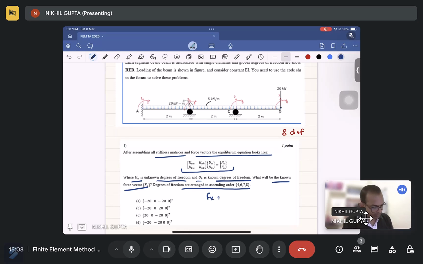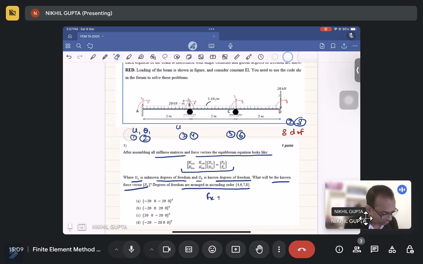If you see each of the degrees of freedom, this will be 1, which is u1, theta 1, then 2, 3, 4, 5, 6, 7 and 8. So in the first degree of freedom, we know u is known, because it is the fixed support.